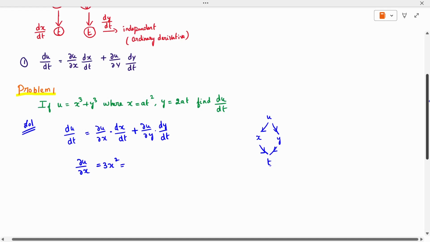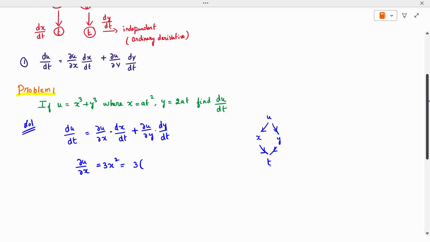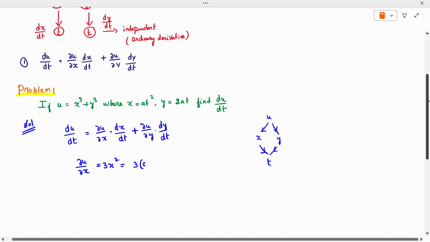Substitute for x, at squared, because your answer should be in terms of the denominator variable. If it is t, the answer should be in terms of t. When I substitute, given at squared the whole squared, it's nothing but 3a squared t power 4.